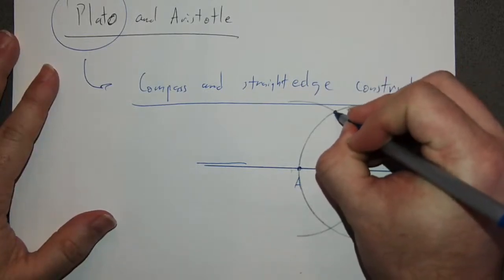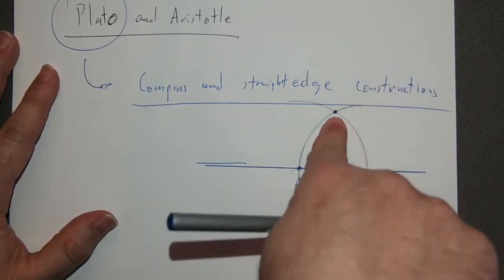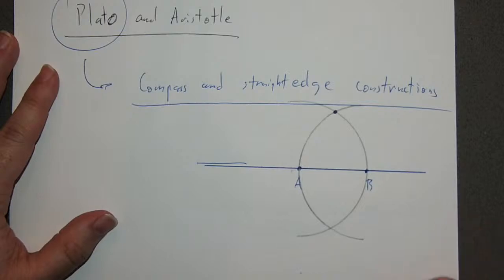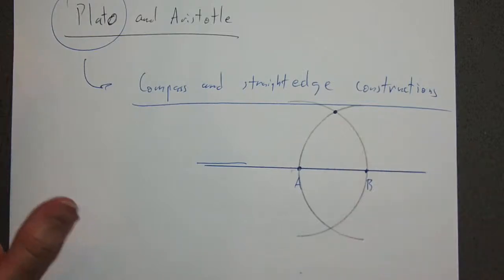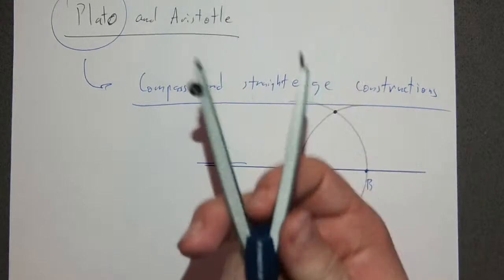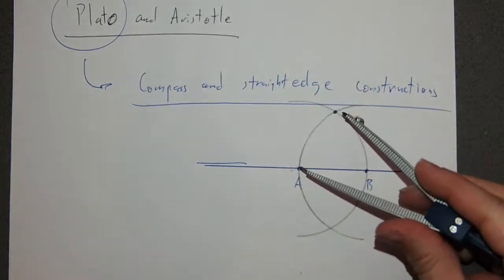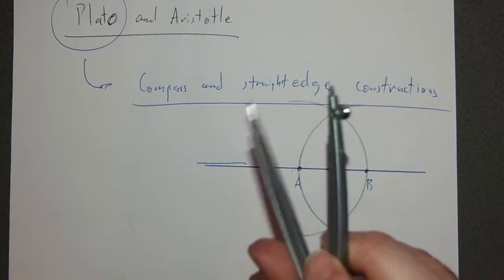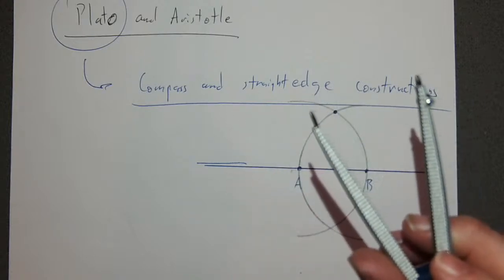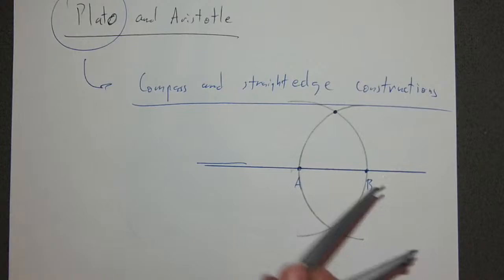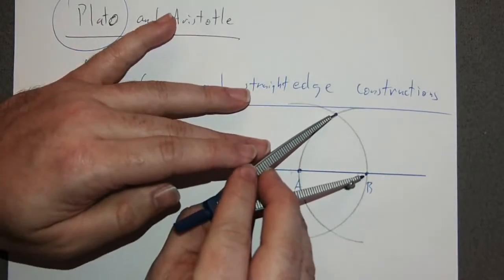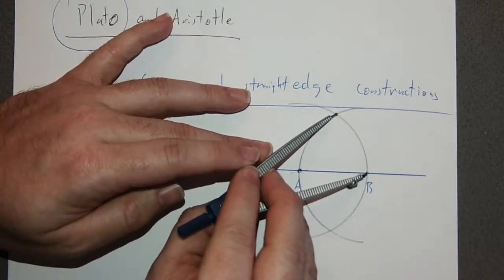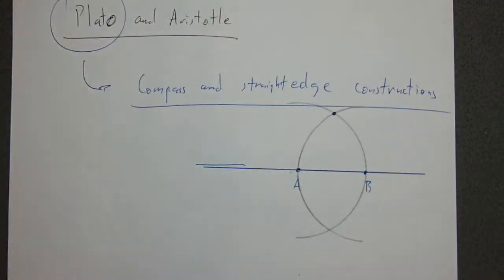Let's pick this one. What's true about this point is that it is this distance from A, and it's also the same distance from B, because I didn't move my compass at all in drawing these two circles. I can just check directly. So I found a point that is the same distance to A as it is to B.